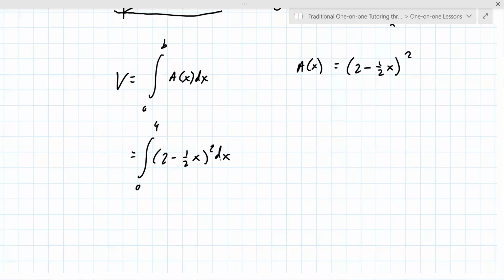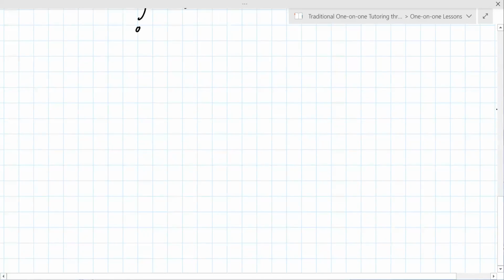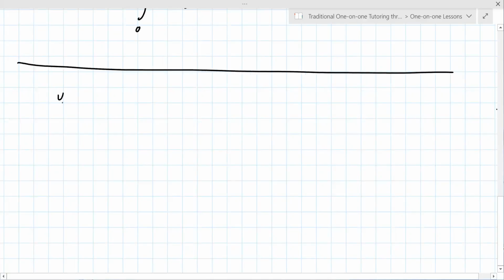So the other types of geometries that you could be given, and let's make up another problem here. Let's say it's y equals e to the x, and let's go with y equals natural log of 2.